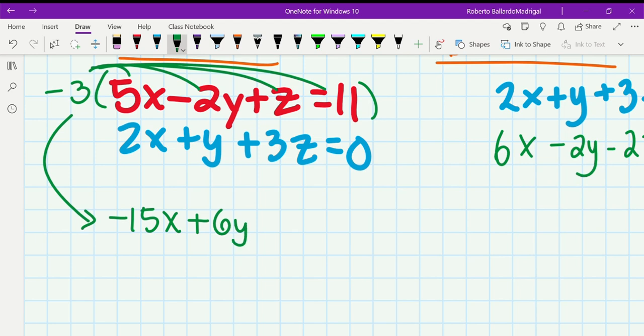Negative 3 and z makes negative 3z. And negative 3 and 11 makes negative 33. Okay. So all I did was multiply that first equation by a factor of negative 3. Are we good so far? I'm going to wait for you guys to finish writing so I can move on.